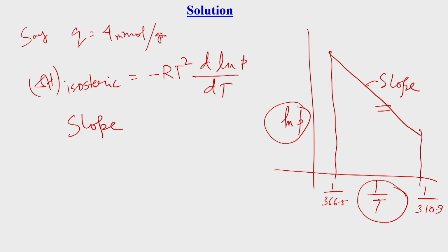From the data points, if we say q is equal to 4 millimole per gram and plot this, then the slope will be minus 4745.46.